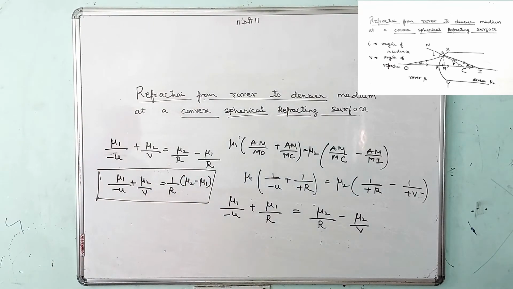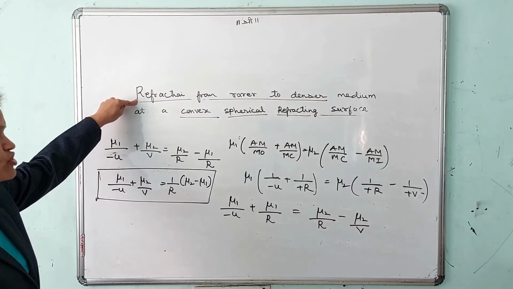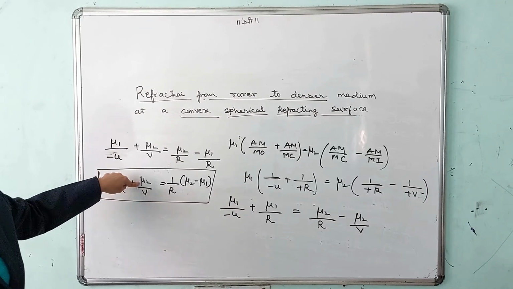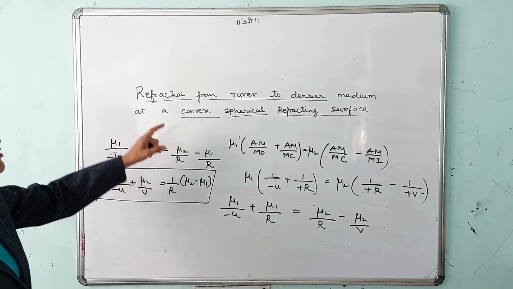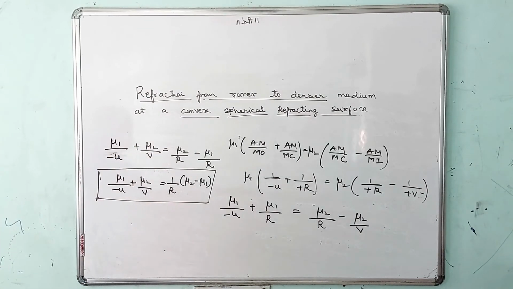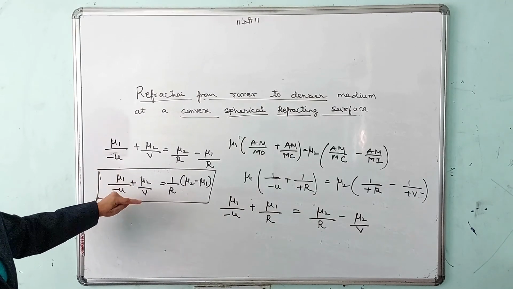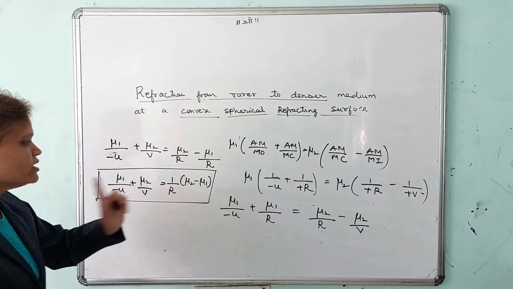So this is the formula for refraction from rarer to denser, having refractive indices mu 1 and mu 2 respectively, at a convex spherical refracting surface, which is mu 1 by minus u plus mu 2 by v equals mu 2 minus mu 1 by R.